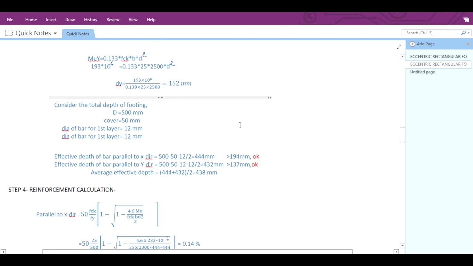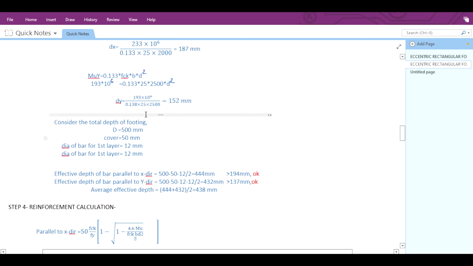So we are going with the total depth as 500 mm. Here we are choosing the cover as 50 mm, the diameter of the first layer of bars as 12 mm, and the diameter of the second layer of bars also 12 mm. The first layer will be in x direction and the second layer will be in y direction.